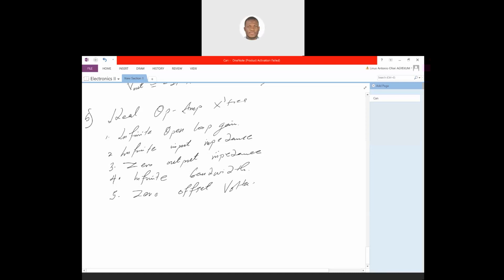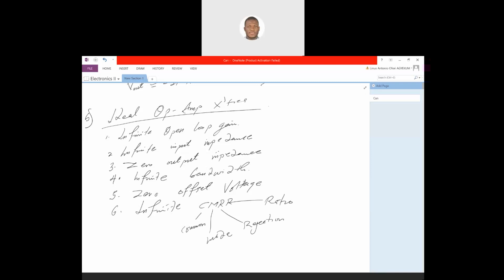Five, it has zero offset voltage. Six, it has infinite CMRR, which represents common mode rejection ratio.